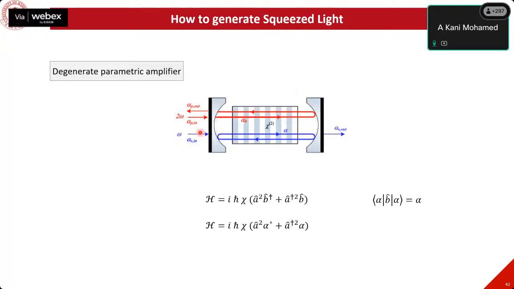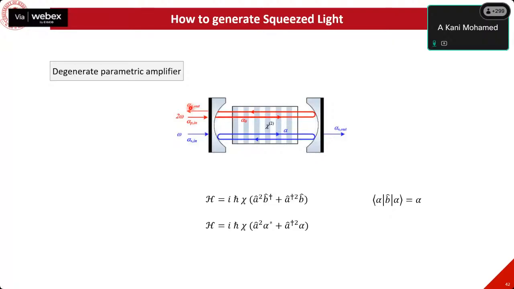So this is the Hamiltonian of this system, where A and B are the two different optical modes. What happens if we send in an optical mode of B? One photon of B gets annihilated and creates two photons in the mode A. And those two are the same frequency.